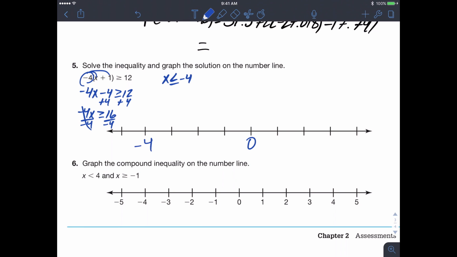This looks like negative 4. Is that an open or closed circle? It's a closed circle. It says x is less than or equal to negative 4. So all values of x that are less than negative 4, which would be negative 5, of course, and then negative 10, and so forth. So we're going to go that way. Okay?